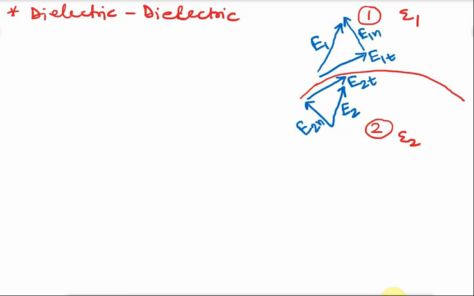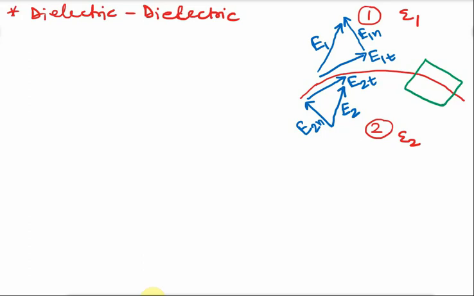Now we will assume a closed path considering half of the first region and half of the second region. Let's say this is the closed path, so half is in the upper region and half is in the lower region.